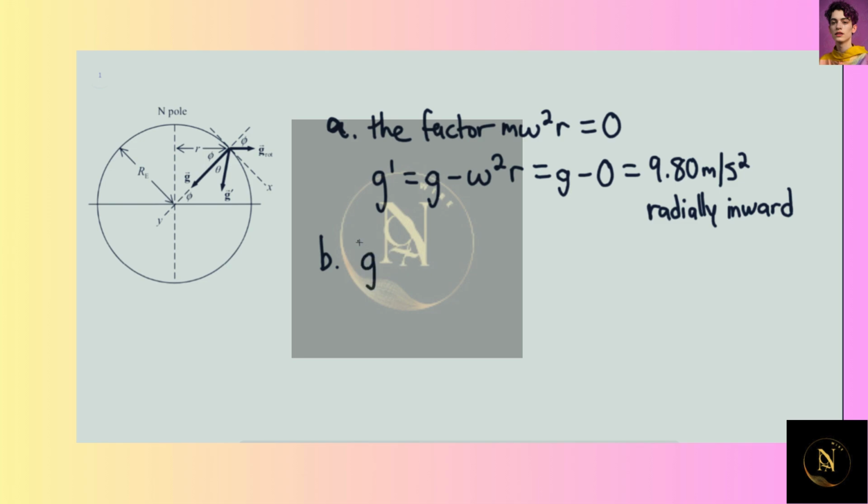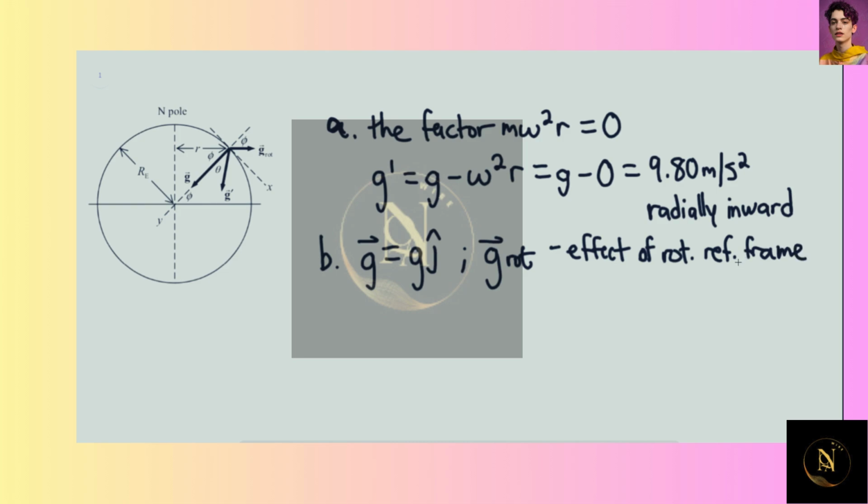So we can say the vector g would be equal to the magnitude of g times j hat, and we can label the effect of the rotating reference frame as g sub rotate, or ROT. This would be the effect of the rotating reference frame.